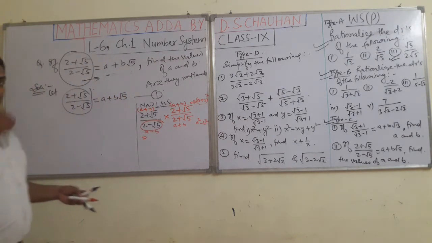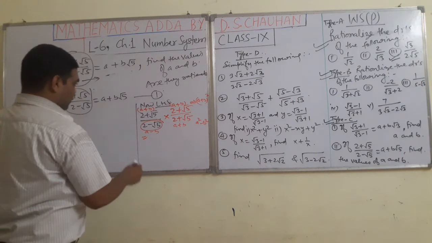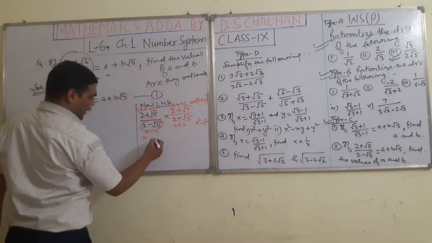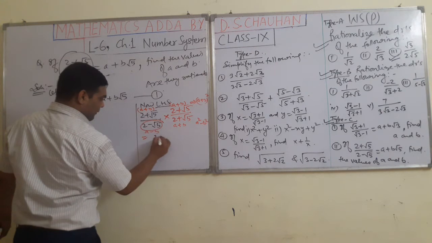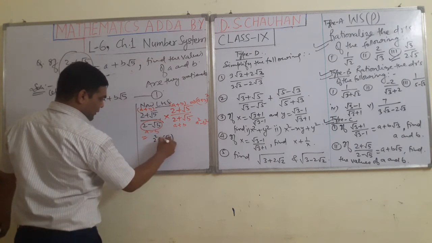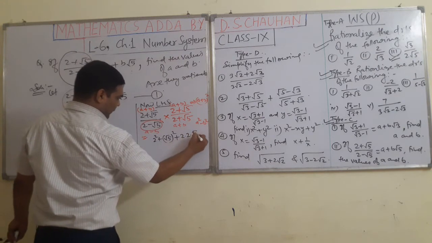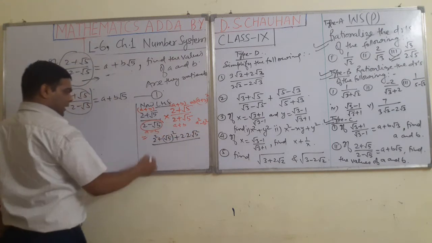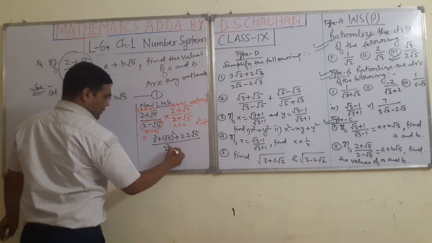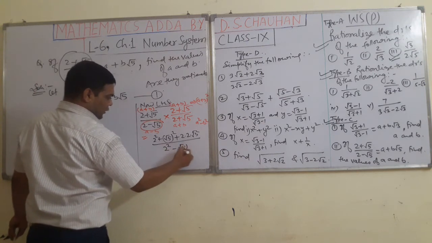Keeping these two algebraic identities in mind, we will try to solve. This a plus b to the whole square means a square plus b square plus 2ab, 2 for a and root 5 for b, upon a square minus b square, means 2 square minus root 5 square.